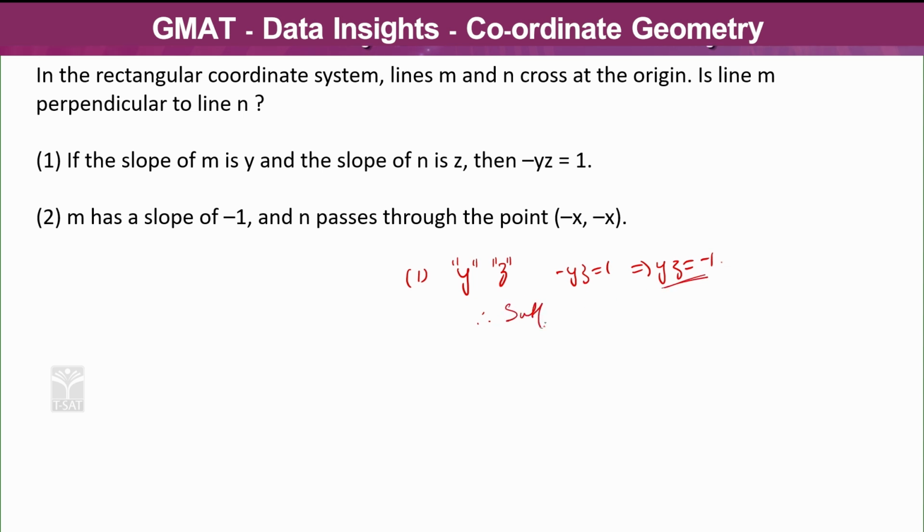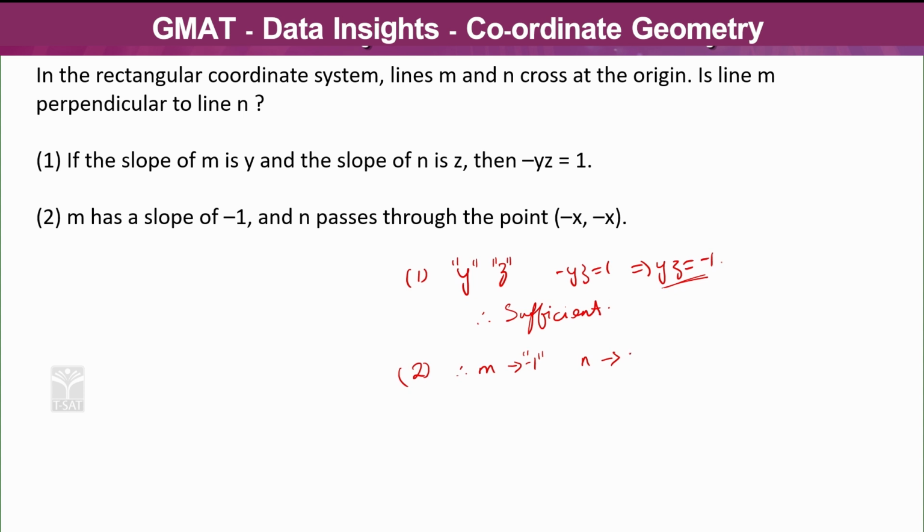Therefore, this information is sufficient to tell that yes, these two lines are perpendicular to each other. Statement 2: M has a slope of -1 and N passes through (-x, -x). So, since M has a slope of -1, you know the slope of M, and you want the slope of N to find out whether the product of the slopes is -1.